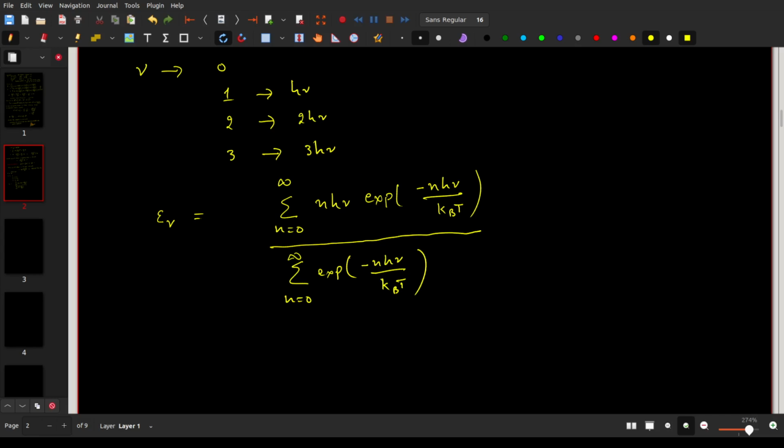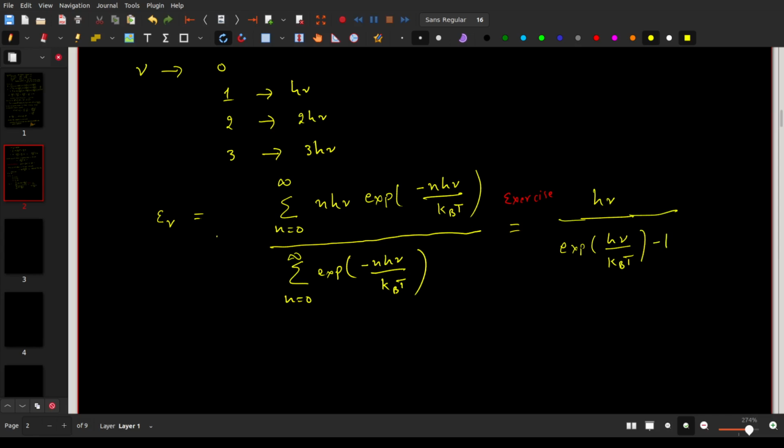So the average energy at frequency nu is given by this equation, and it is easy to calculate, and I am leaving it as an exercise. So this is an exercise, that this comes out to be h nu divided by exponential h nu over kBT minus 1.